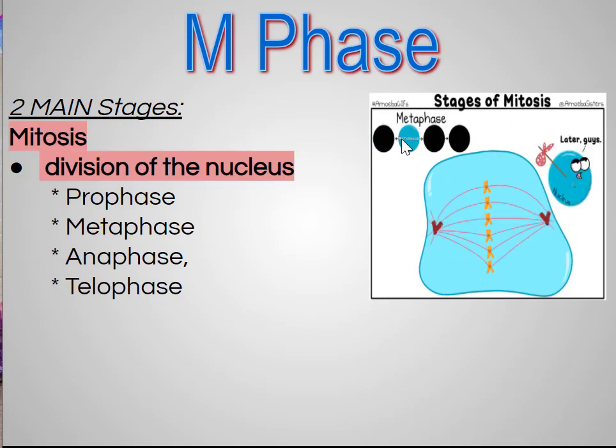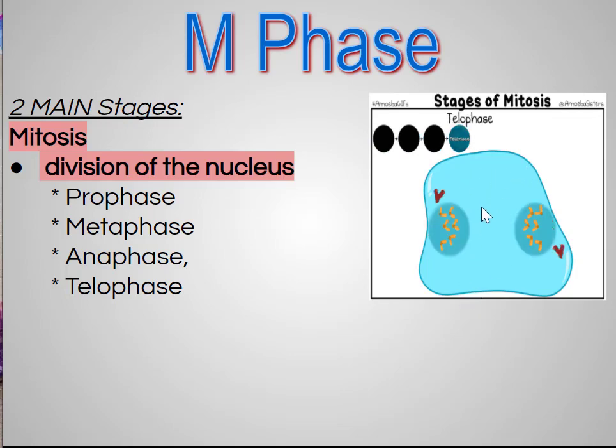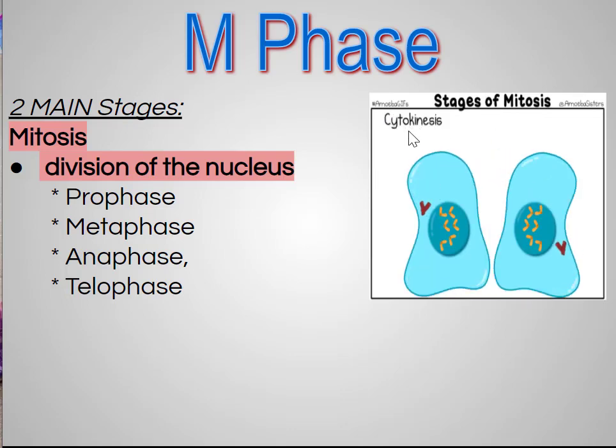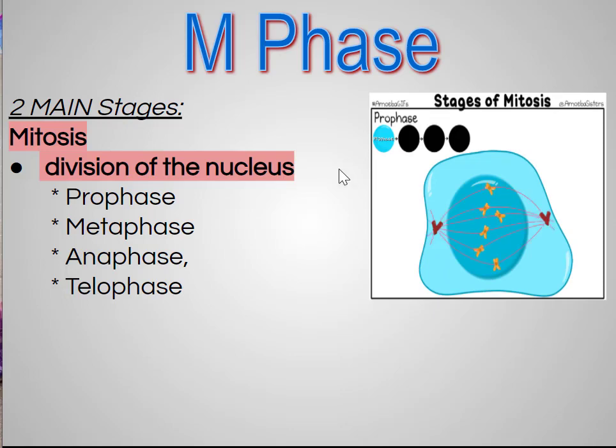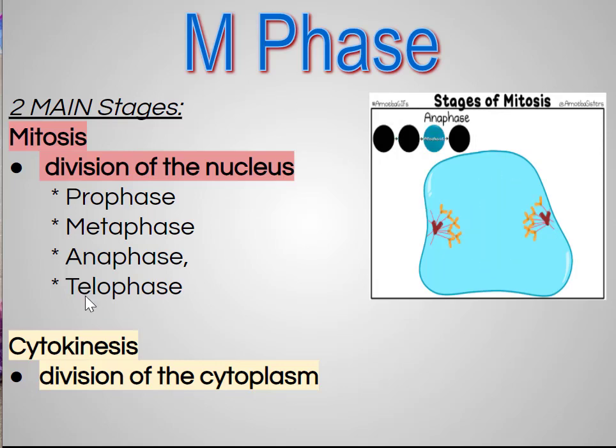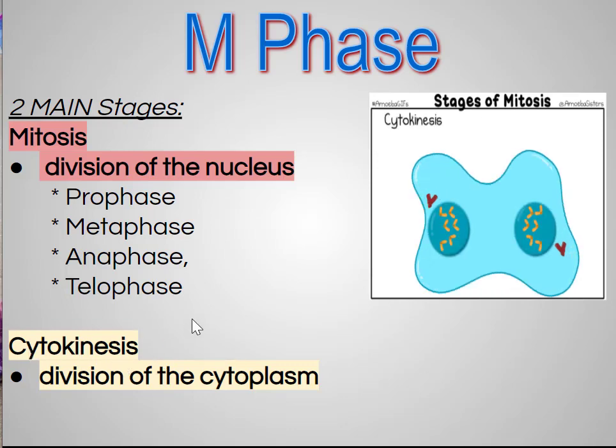Okay, you kind of see here prophase, metaphase, anaphase, and then the last one is telophase. Now, if you notice, it didn't split yet, and that's the whole point of the cell cycle. But here we see cytokinesis, and that's the second stage of the M phase. Cytokinesis is when that cell actually divides. Cyto is short for cytoplasm, okay, and kinesis is that division.